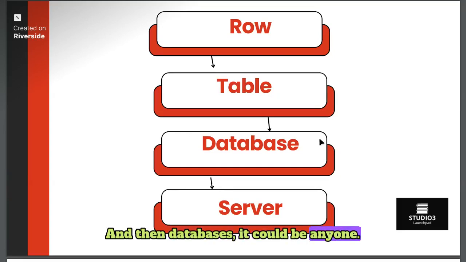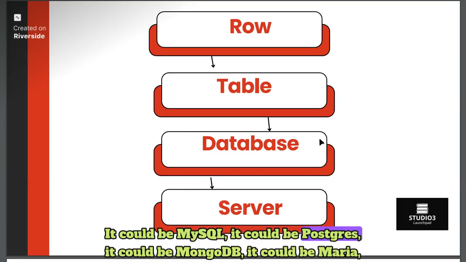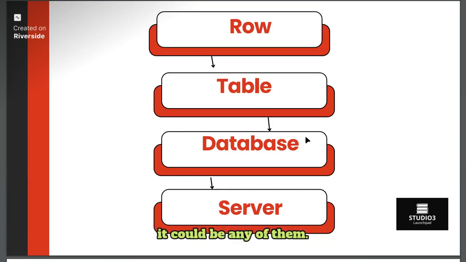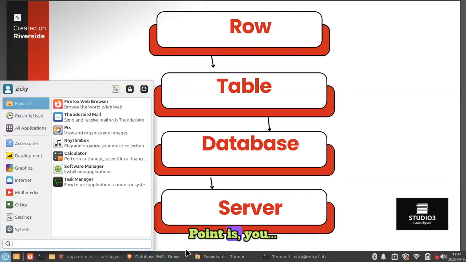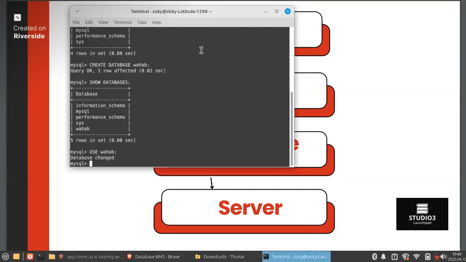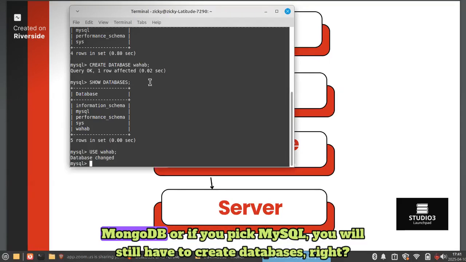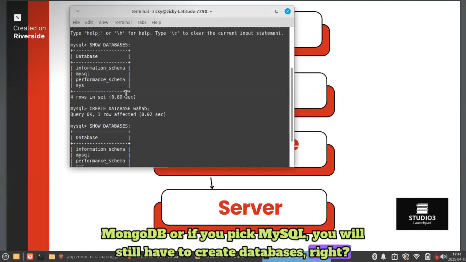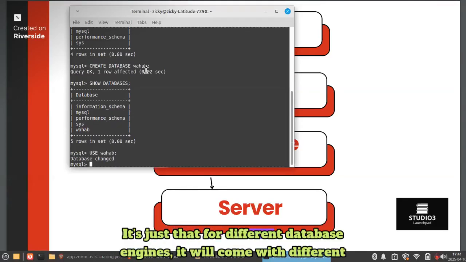It could be MySQL, it could be Postgres, it could be MongoDB, it could be Maria, it could be any of them. Any of them you pick, if you pick MongoDB or MySQL, you will still have to create databases. It's just that different database engines come with different commands.